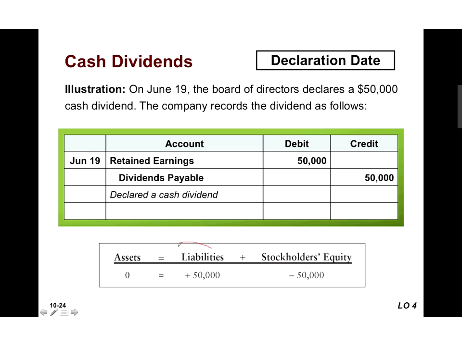So when we declare a dividend, liabilities go up, stockholders' equity goes down, on the date of declaration. Again, I have a question coming up that asks what happens to liabilities and stockholders' equity on the date of declaration. We're increasing liabilities, we're decreasing stockholders' equity.